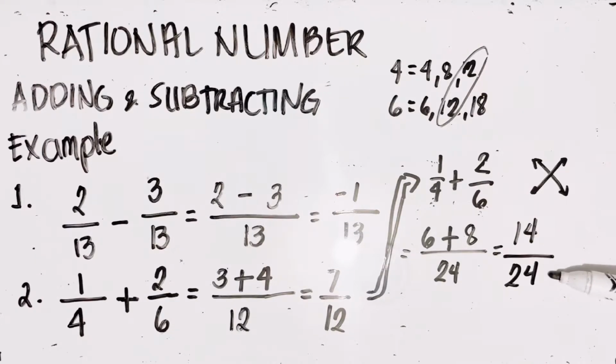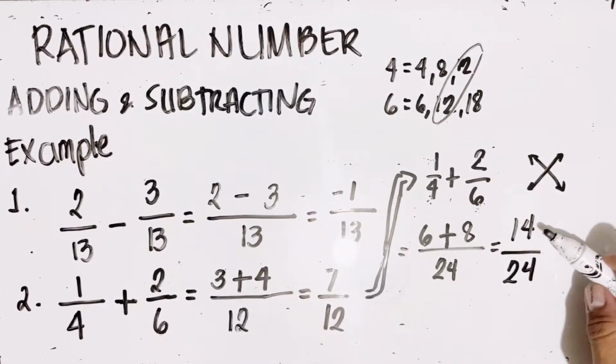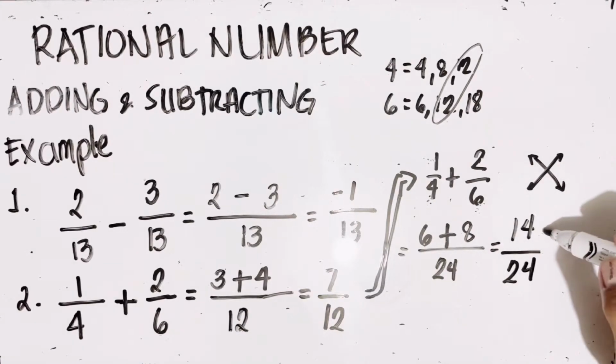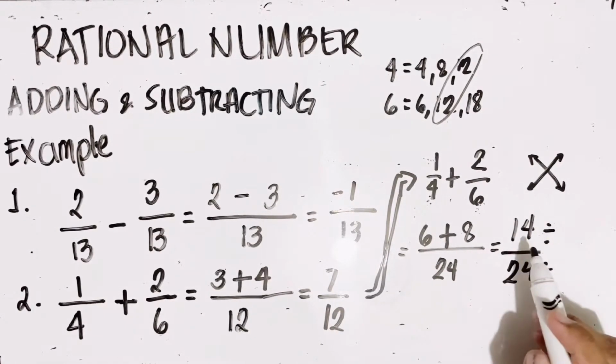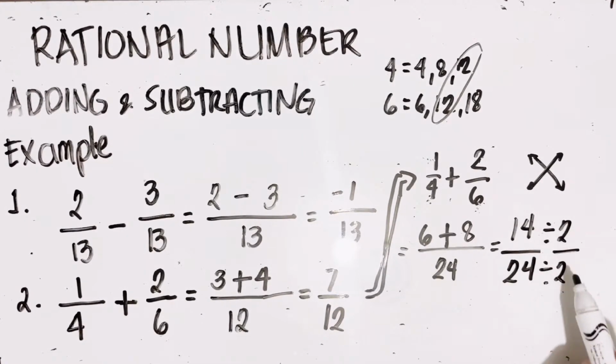Now, make sure that the fraction is in the least form, or that it can't be reduced. So 14 over 24 can still be reduced because they have a common factor that is equal to 2. 14 and 24 have the common factor 2.